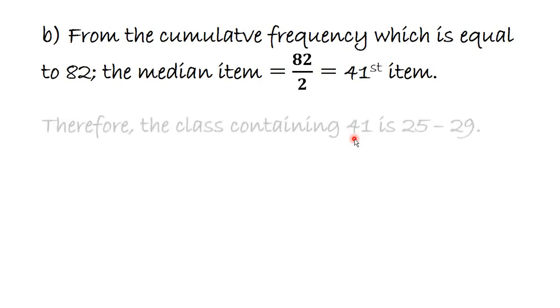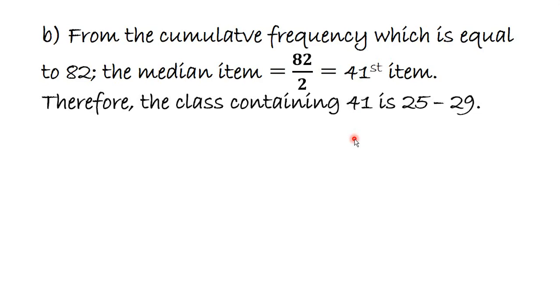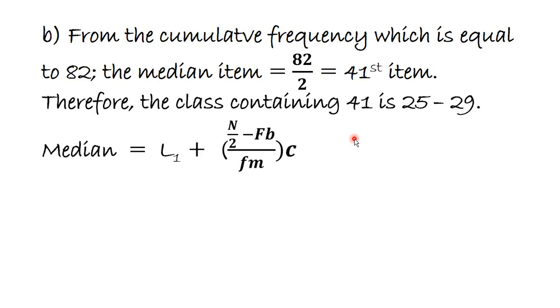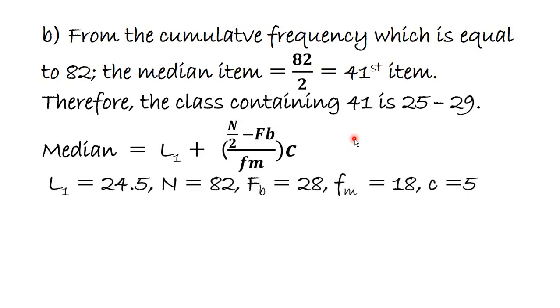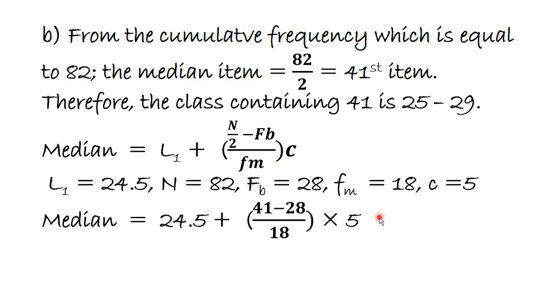So in that case, the lower class boundary, we got it as 24.5. So L1 is 24.5, N is 82, FB is 28. Remember FB is the cumulative frequency before the median class, and that's 28, and then the frequency of the median class is 18, and then the C is 5. So when we substitute, we shall have our median as 28.1.